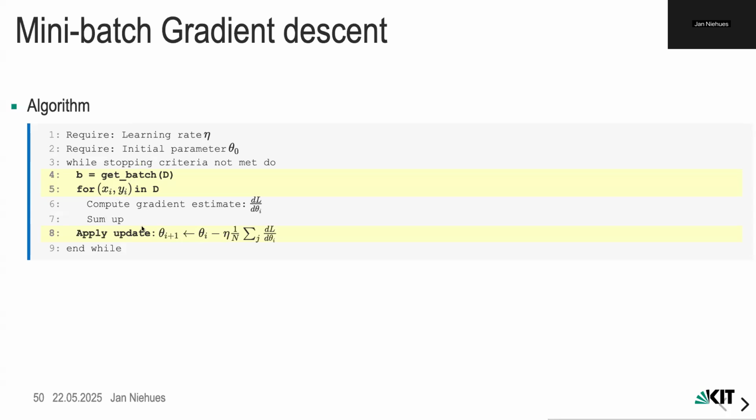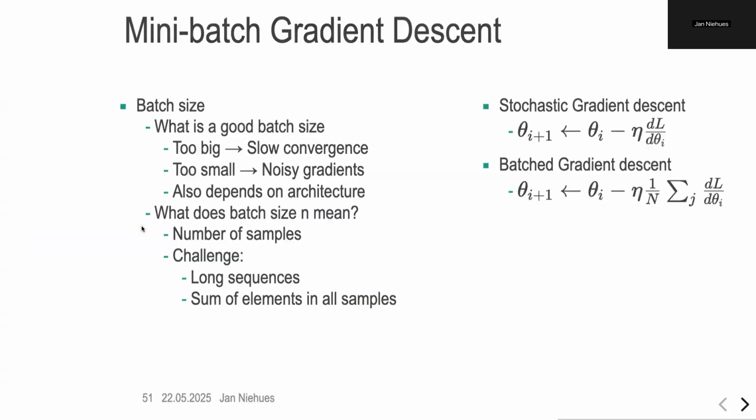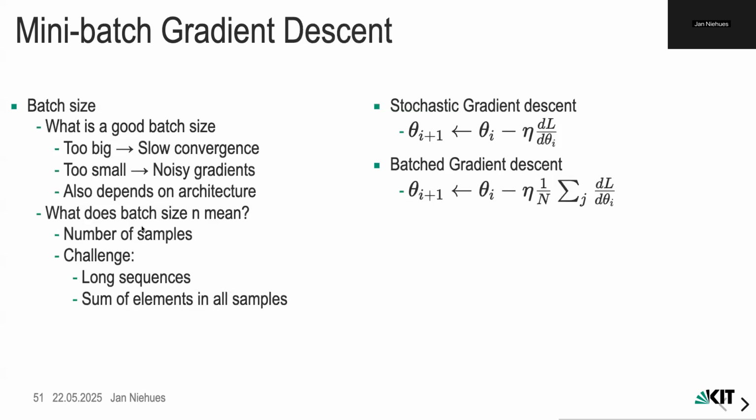Now, of course, we have the new hyperparameter, which also means the good thing is you have something you can improve on. Also, the bad thing is you have another parameter you can mess up with. So what should be considered in there? First, what is a good batch size? On the one hand, if it's too big, we have the same problem as before: slow learning because it takes very long. If it's too small, you have the noisy gradient.